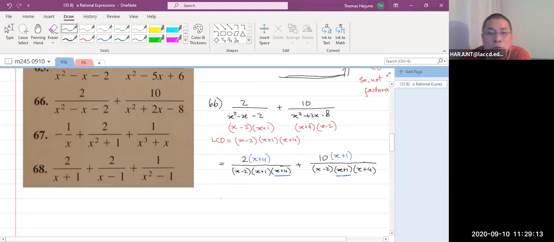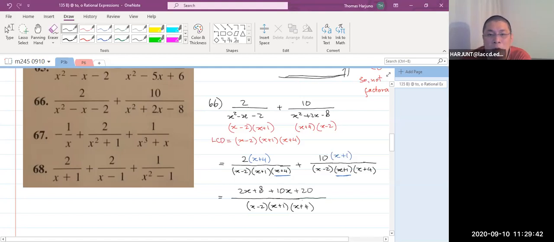Now, let me ask you to do the next step. You will put them together: distribute and combine like terms on the top. So distribute first. It will be 2x plus 8 plus 10x plus 20.